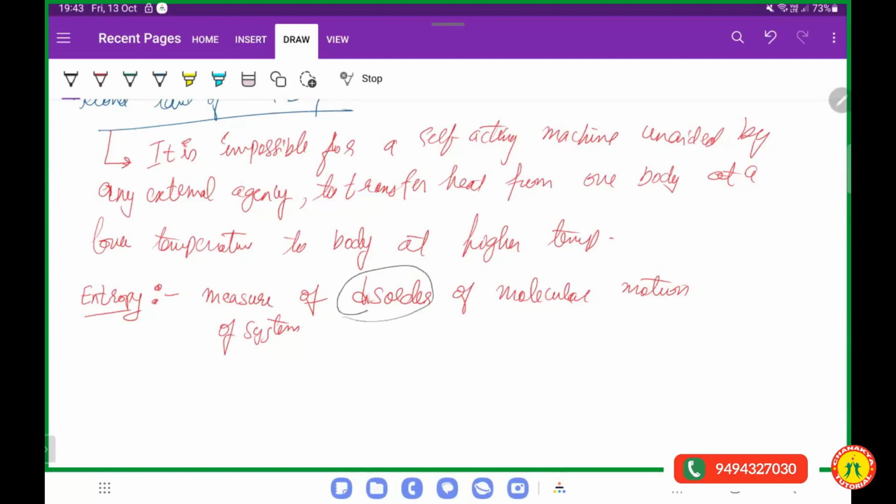So this disorder is the amount of energy which is not available to do work, or no longer available.